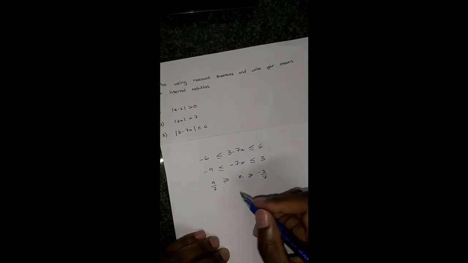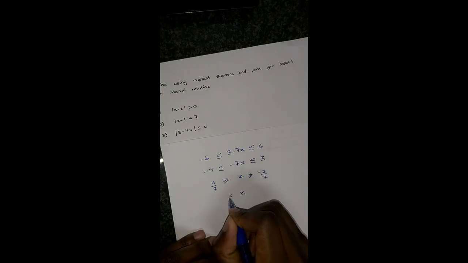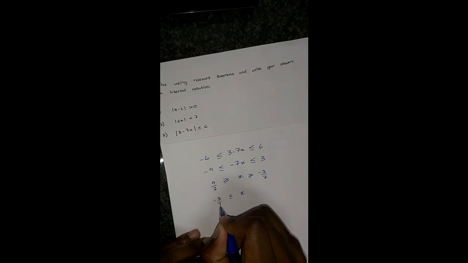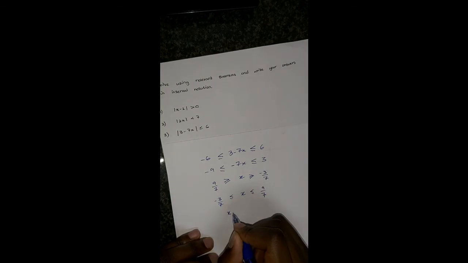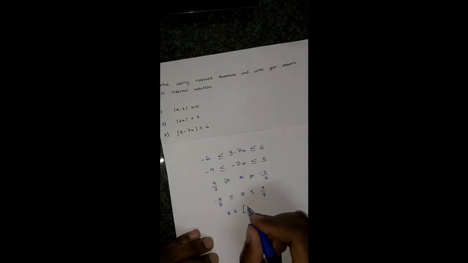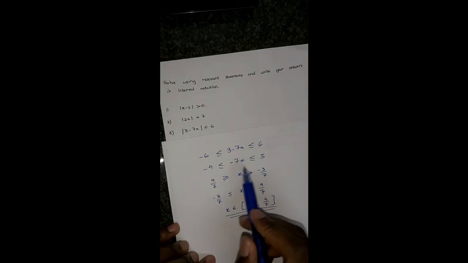So rewritten, x is greater than or equal to negative 3 over 7, and less than or equal to 9 over 7. Then you can say x is an element of negative 3 over 7 up until 9 over 7, everything included, since there is an equal sign, so there's inclusivity. So that would be our final solution. Please do remember that when you're dividing by a negative number, you have to change the signs.